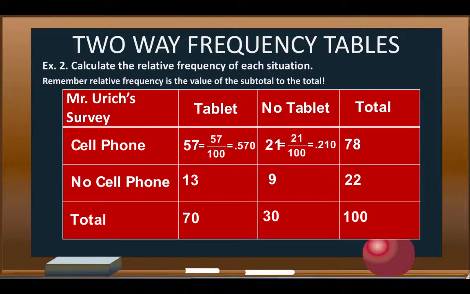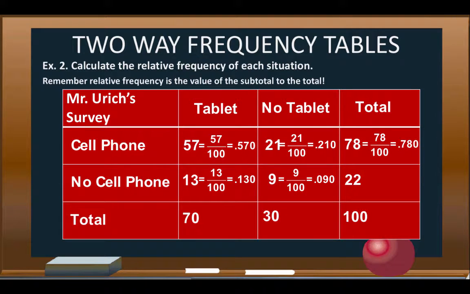Next one, we're going to take 21 divided by 100. And so that's telling us that 21% of students own a cell phone but no tablet. And then continuing on, we get 78% of students own a cell phone. And then this says 13% of students do not own a cell phone but do own a tablet.